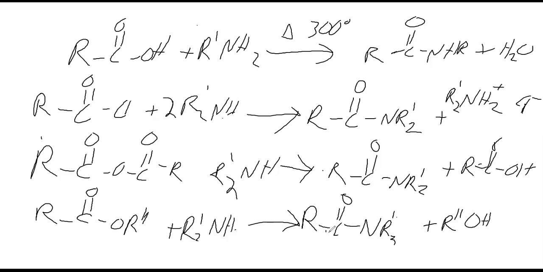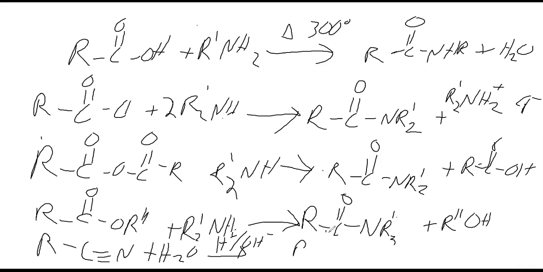And of course, we can make them from nitriles, as long as you're very careful not to over react and knock them to carboxylic acids. I think base might be the best way to make these to prevent that.